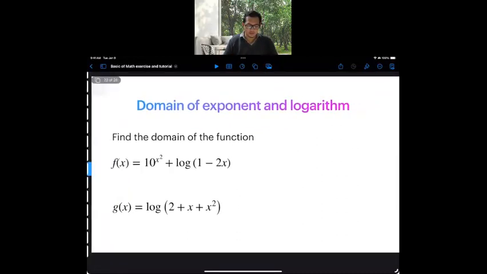Okay, only two questions here. You can start the first one, the function of f, and the second one, function of g.